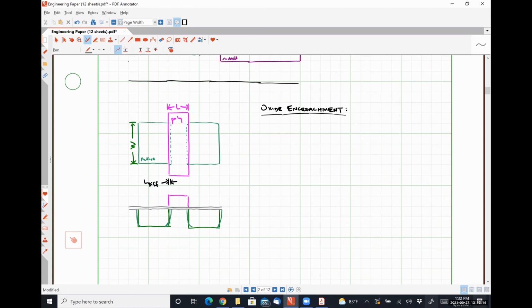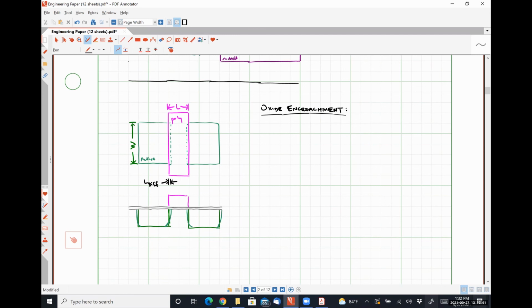So oxide encroachment is effectively, well, if I let my oxide grow for 30 seconds longer than I was supposed to, that can have an appreciable effect on the amount of stuff that gets cut away when I'm trying to pattern my implants, okay?